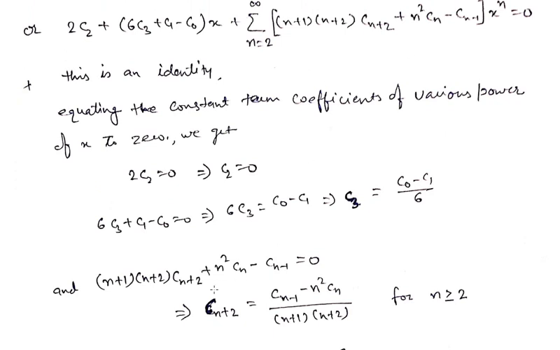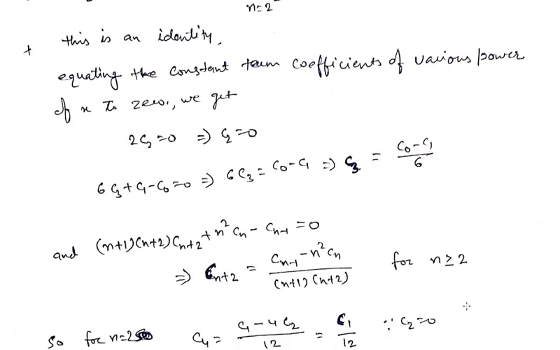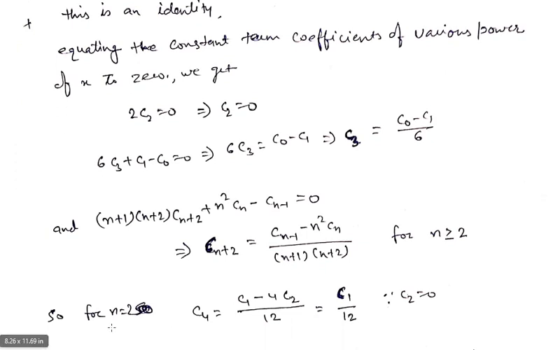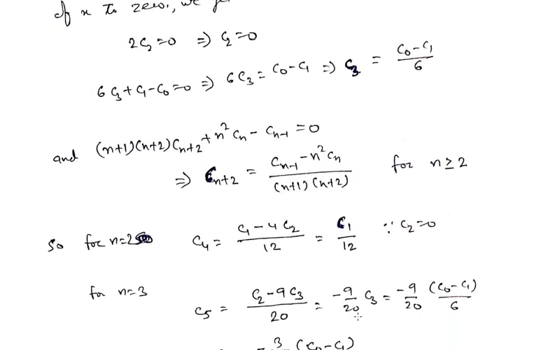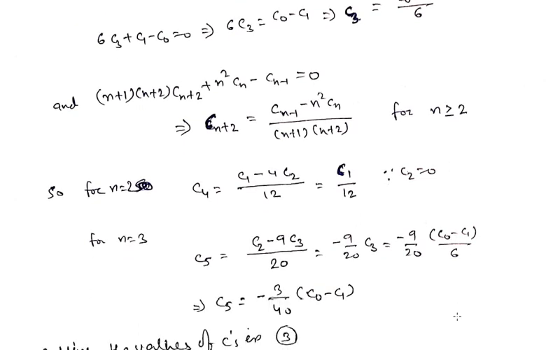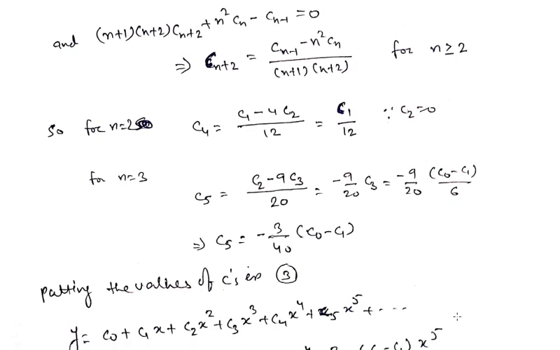This gives us the values for n greater than or equal to 2. When we put n as 2, we get c4 equals c1 upon 12. When we put n equals 3, we get c5, and when we solve it, we get minus 9 by 20 c0 minus c1 upon 6. Hence we can obtain the values of c6, c7.